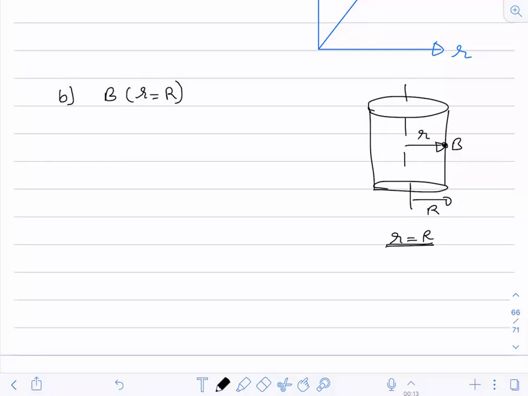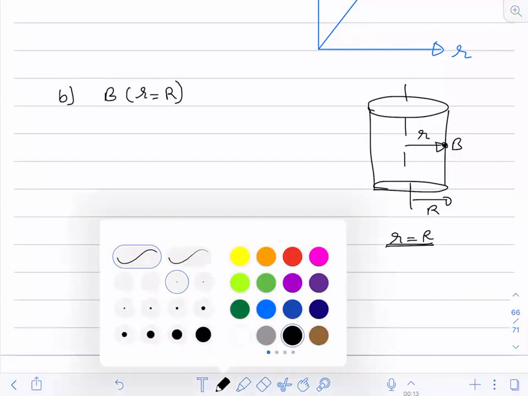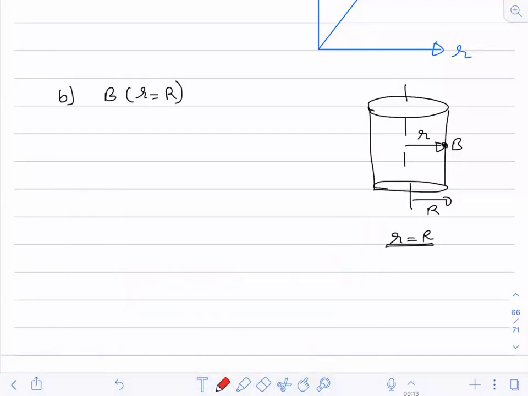Now for this point B, if I draw a loop considering small r as the radius, like this, and I is the current flowing through this loop.